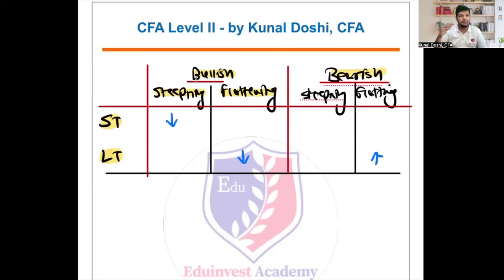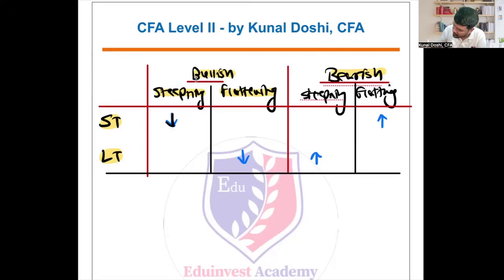Bearish steepening means it's a bear and it's becoming steeper. Long-term rates are rising. When I say bearish flattening, it means short-term rates are rising. Now I think I've written it correctly.